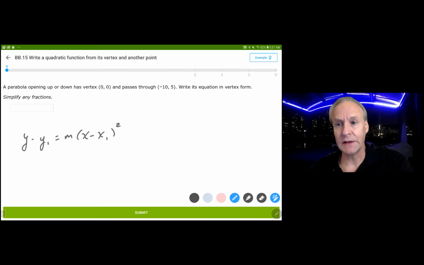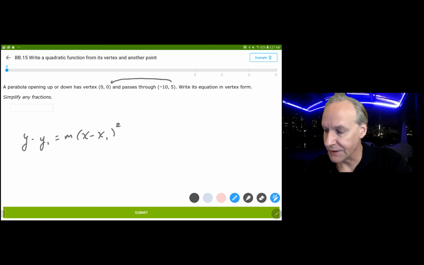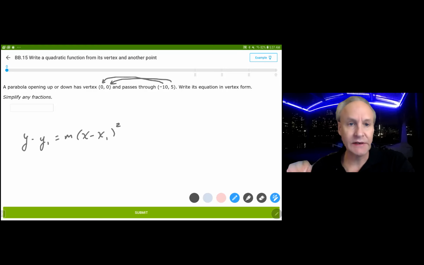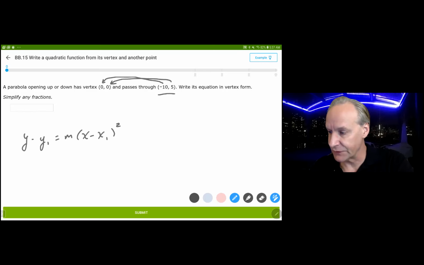Now, I recommend that you keep it straight. You always go in the same direction. So the direction I'm going to go in is I'm going to do the y minus y1 and x minus x1. Now, it doesn't matter if you go the other way, but I'm just going to be consistent. I'm going to start with this one as the first term, and then I'm going to subtract this one. It's probably more consistent that way.